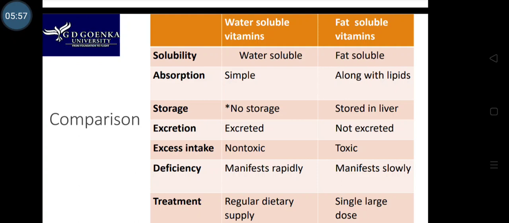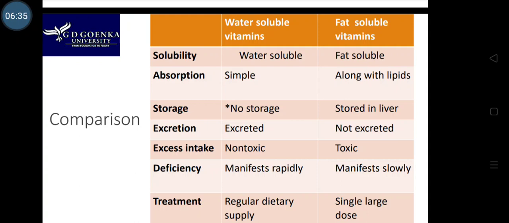So excess intake of water soluble vitamins is non-toxic because it gets excreted. But with fat soluble vitamins, excess intake is stored in the liver, not excreted, and causes toxicity to the body, to the liver cells. So excess condition leads to toxicity also.